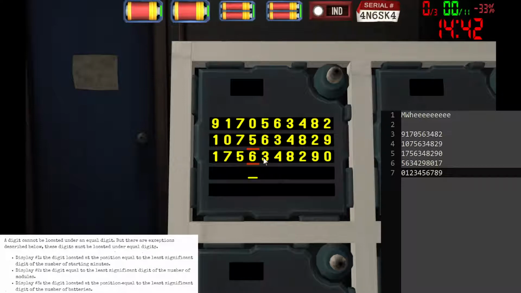I'm shifting over by 2. We skip over the 8 here, so that's a 9. This 8. Finally, now we just go in order: 9, 8, 9, 8, 7, 5.